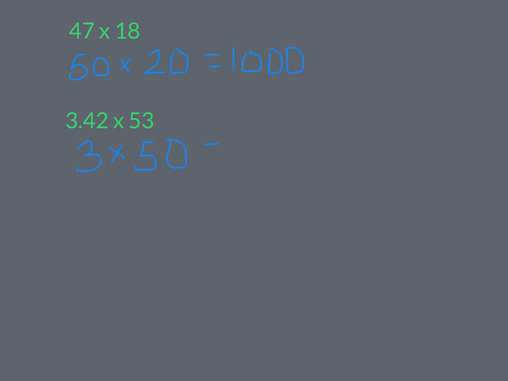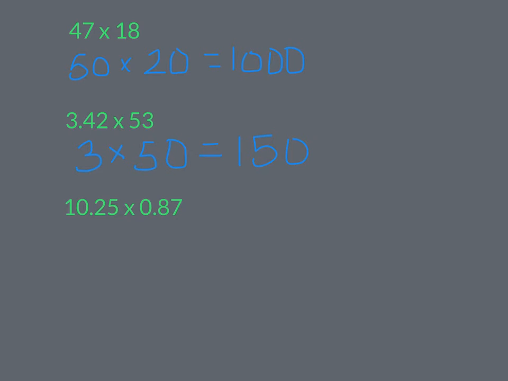So 3 times 50 equals 150. Now, since both factors we rounded down, the actual product will be greater than 150, but our estimate is 150.